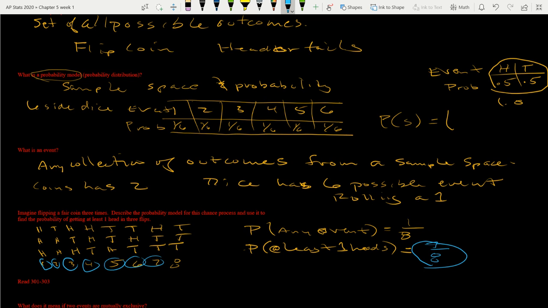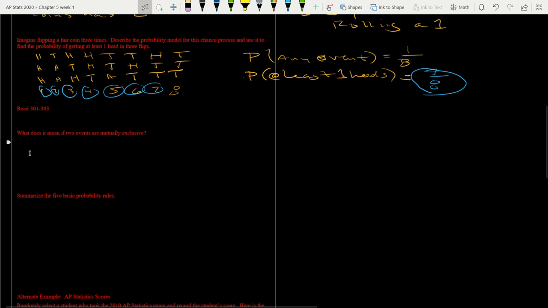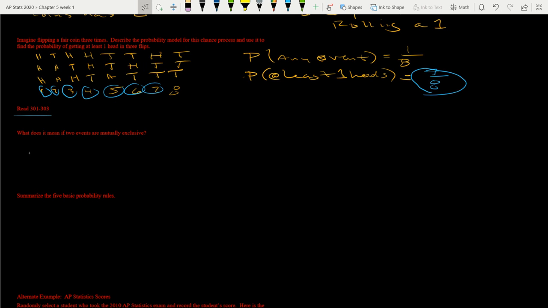All right. So let's move on to the second part here. Okay, we've moved on to page 303. What does it mean if 2 events are mutually exclusive?